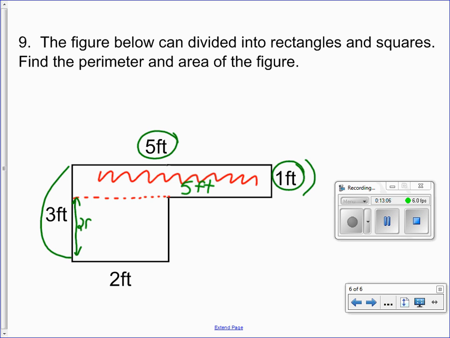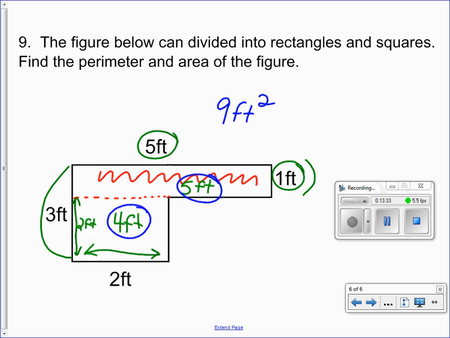So the area from this section right here will be 2 feet times the 2 feet that is right here. So 2 times 2 is 4 feet. We're going to now add the area of each of these figures, 5 feet plus 4 feet. The total area of this figure will be 9 feet squared.